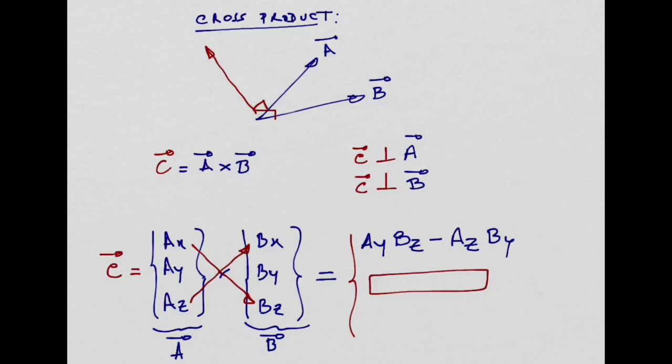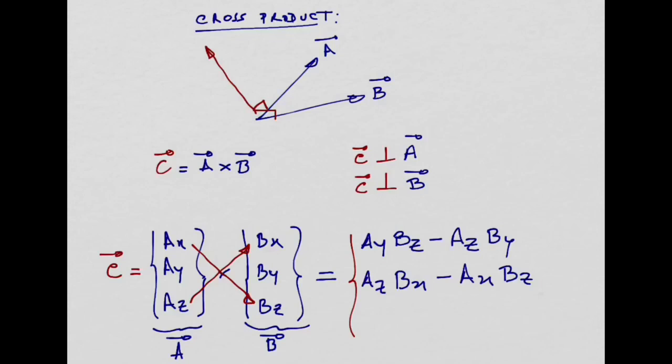There is a change in the signal here. So we are doing again the cross product, AZ times BX minus AX times BZ. This gives us the Y component of this vector C.